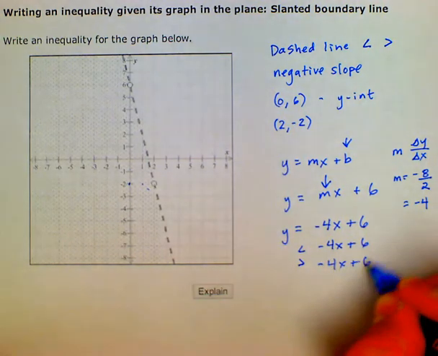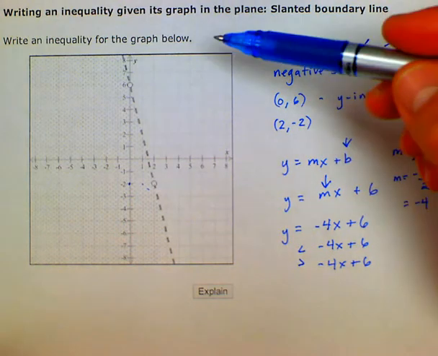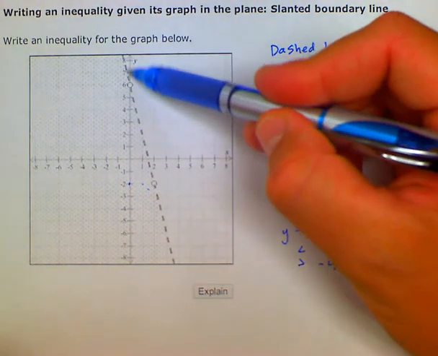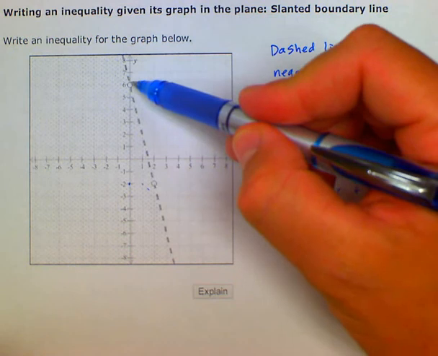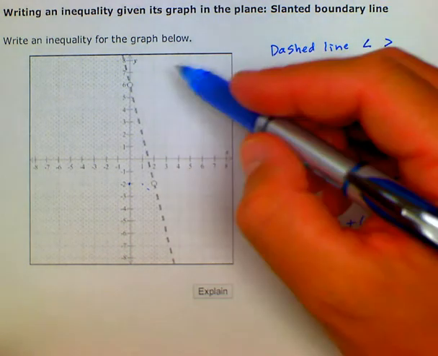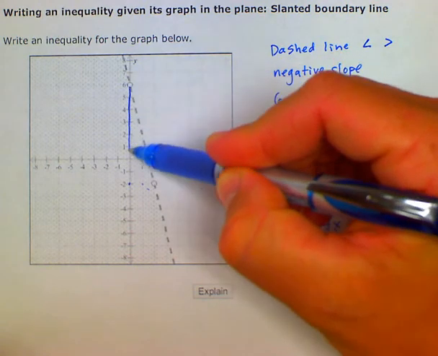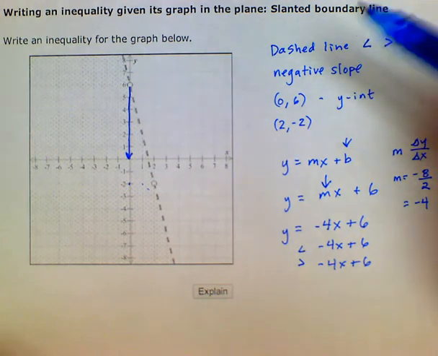We have to decide which one. Is it less than or is it greater than? Well, if we look at the line, at 0, 6, that point is not included in the solution, but all our y values less than 6 are included.